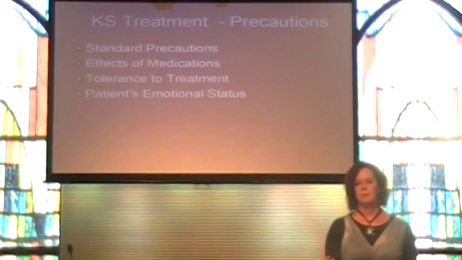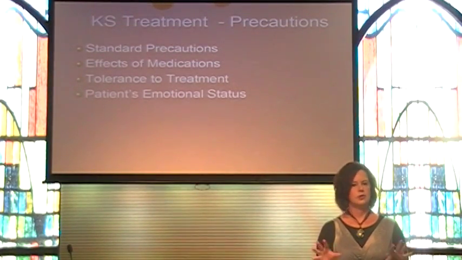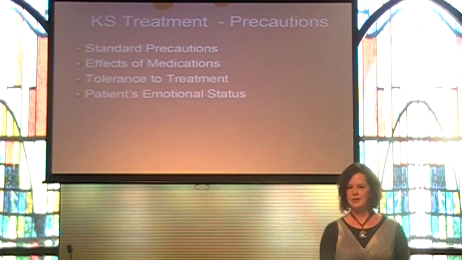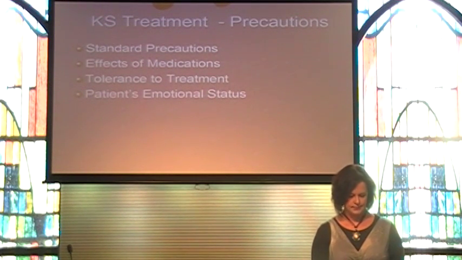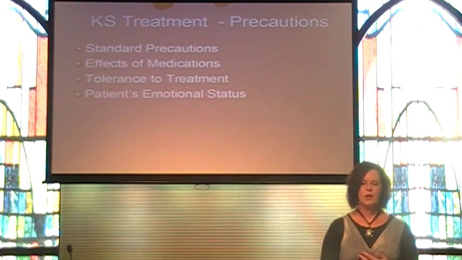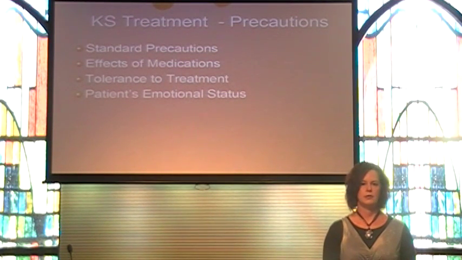When we discuss treatment of patients, we have to keep in mind certain precautions. Standard precautions are always present. Even though KS itself is not contagious, they could have infectious wounds or again the presence of HIV or AIDS. So again, use your mind, make sense, treat them, wash your hands. They could have medications that affect them in different ways, such as making them feel weak or prone to other infections.